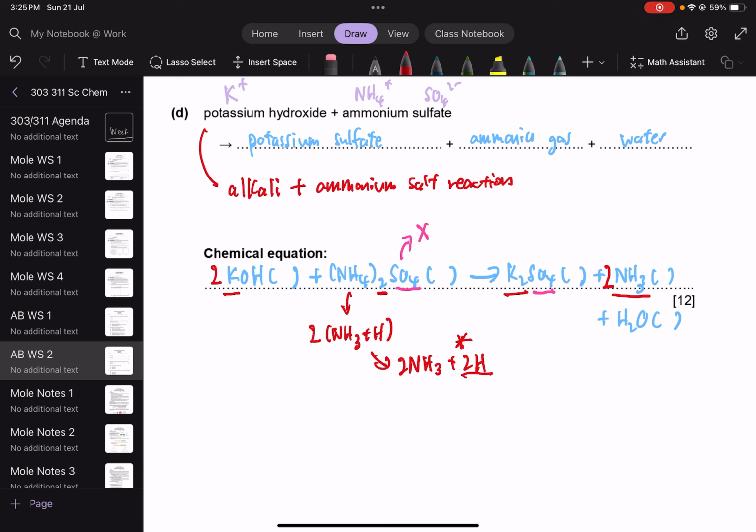However, here we also have 2 O and 2 H remaining. So in total, when both of these add together, you have 2 O, 4 H remaining. So how do we balance the H2O? It's simply we just put a 2 here. So now K is balanced, SO4 balanced, NH3 also balanced, H2O also balanced. So in total, the complete equation should be like this.